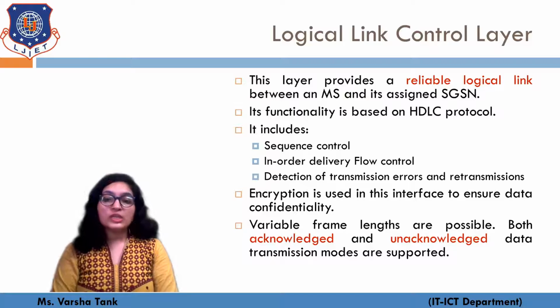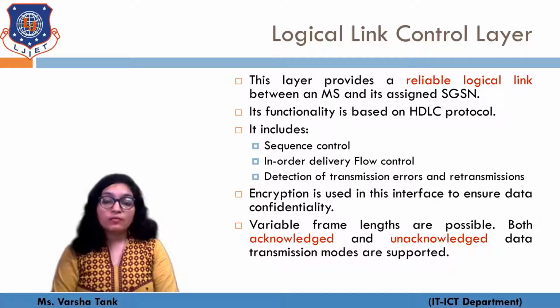Now first is the logical link control layer. The logical link control layer provides a reliable logical link between the mobile station and the SGSN. So it provides reliable communication. Its functionality is sequence control, in-order delivery and flow control, and detection of transmission errors and retransmission.